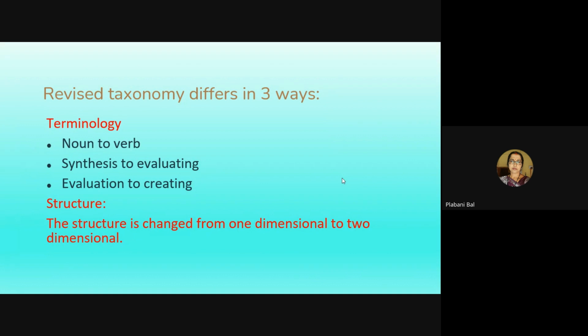Second, structure: the previous Bloom's taxonomy of 1956 was one dimensional, talking only about knowledge, comprehension, etc., but here it is converted into a two dimensional structure. Third, emphasis: in the revised taxonomy, the emphasis is more on the description of subcategories of learning.